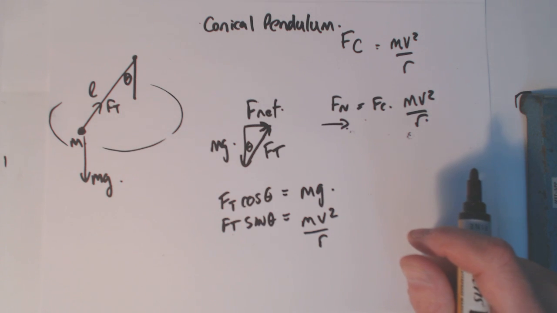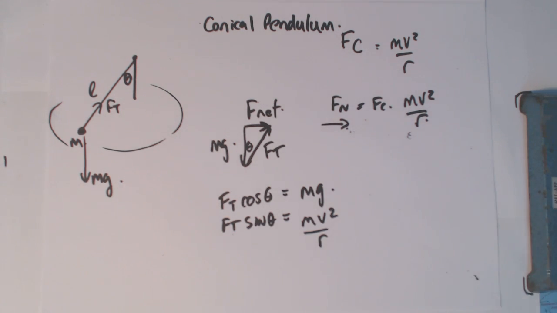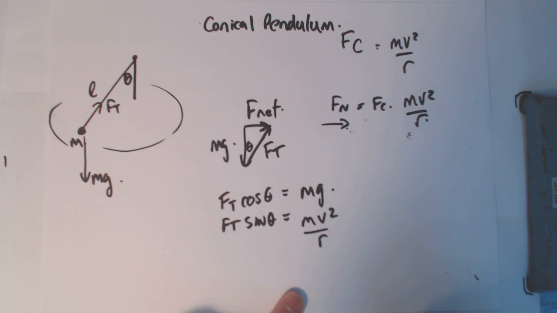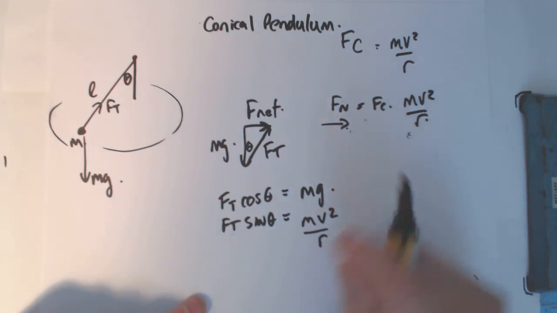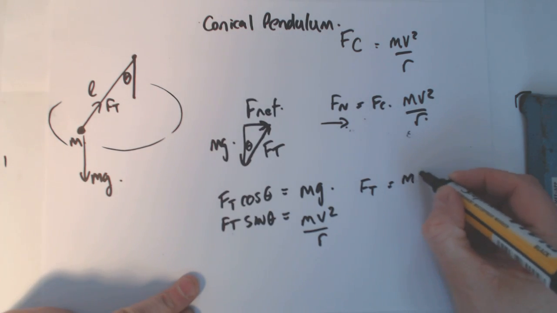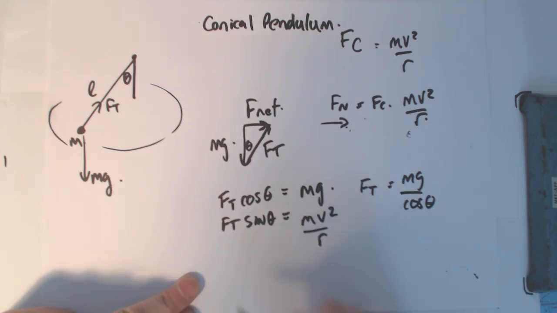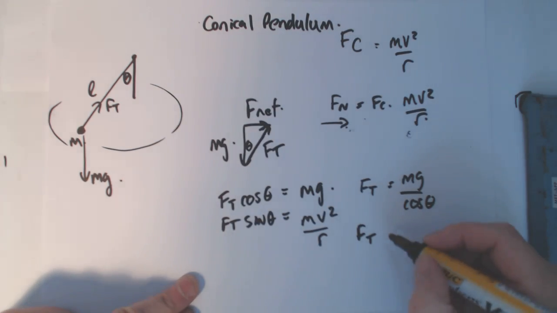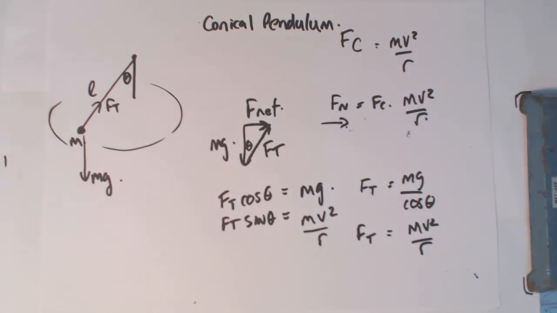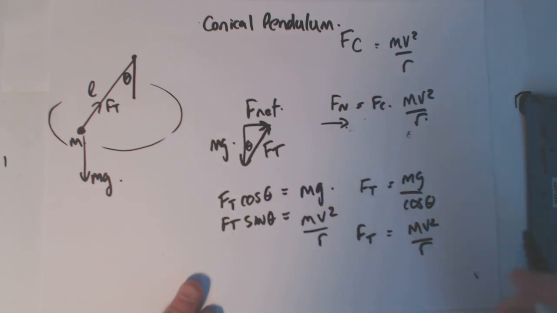But we want to do something even a bit more interesting. We could have Ft cos theta equals that, Ft sine theta equals that. So let's just write this down. Ft equals mg over cos theta, and this Ft, which is the same one, equals mv squared over r sine theta.